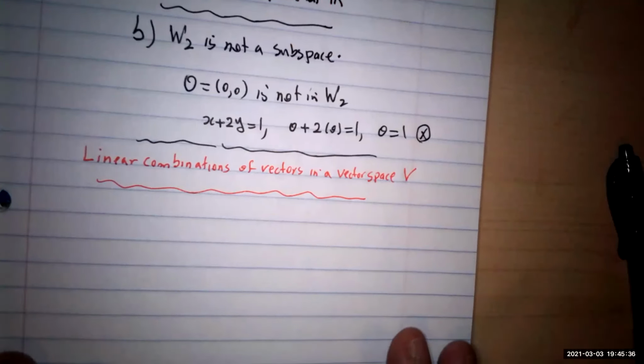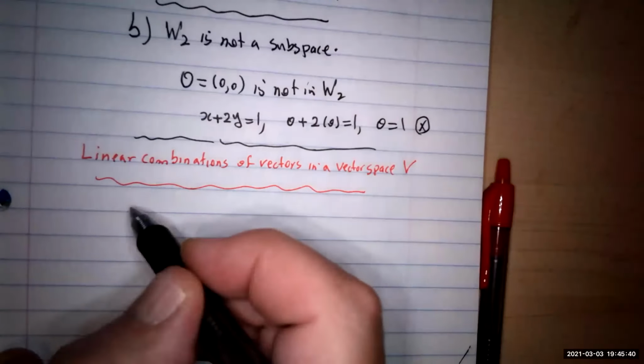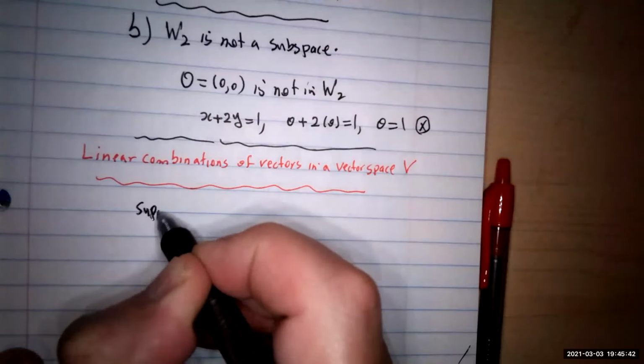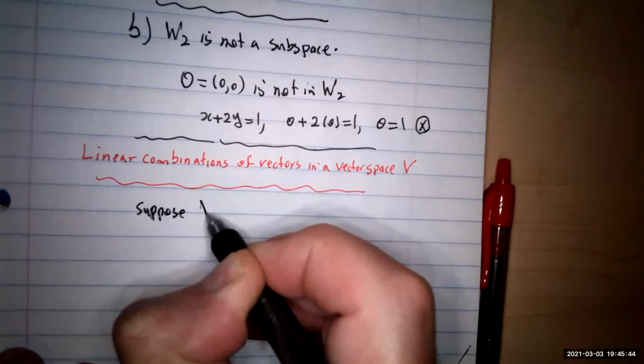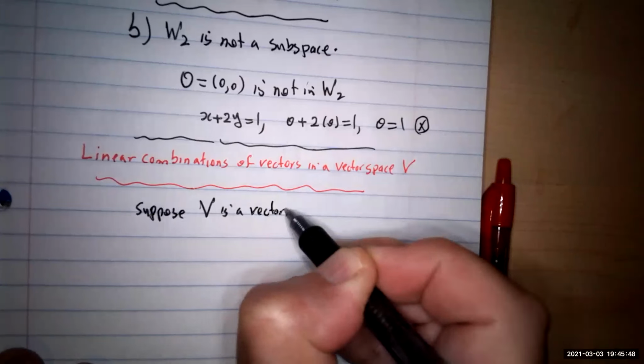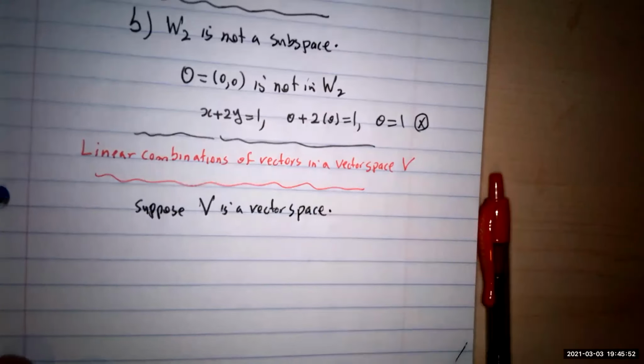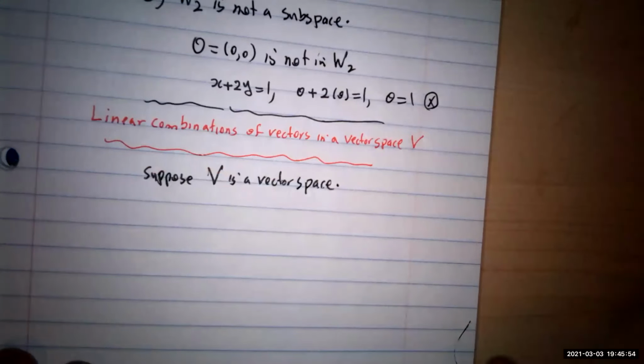Now, what is this one? You see, suppose V is a vector space. You know what it means? There are some objects, we call them vectors, and there is the addition and the scalar multiplication.